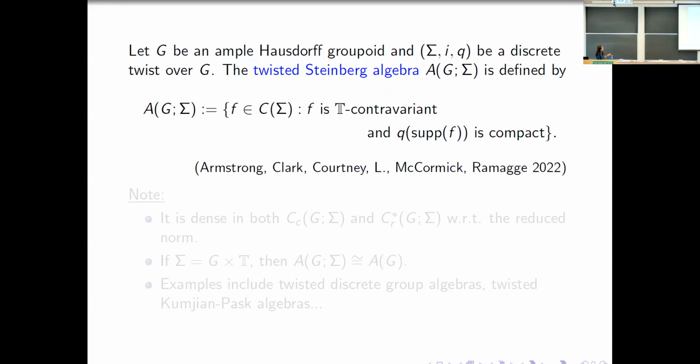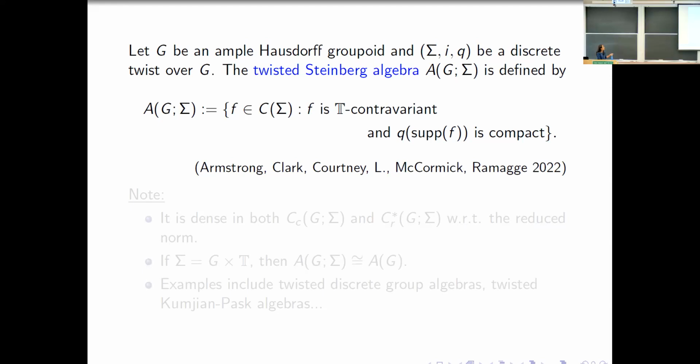If I start with a twist, I write down a word saying that my twist needs to be discrete, because as you may recall, previously when we defined the twisted groupoid C-star algebra, we worked with the T-covariant functions. Eventually, I want to define this twisted Steinberg algebra so that, as we saw in the previous slide, it is a dense subalgebra of the groupoid C-star algebra. That's why we also take the T-covariant functions.